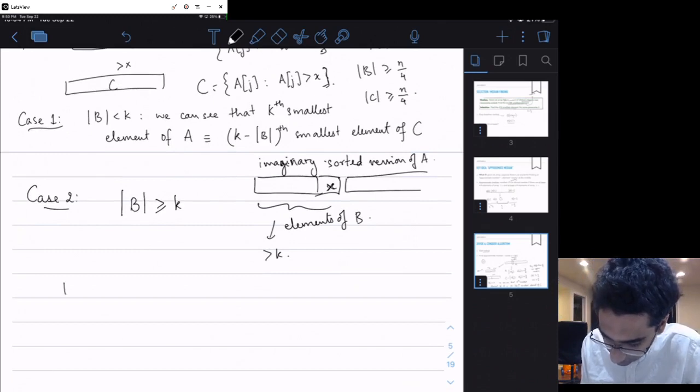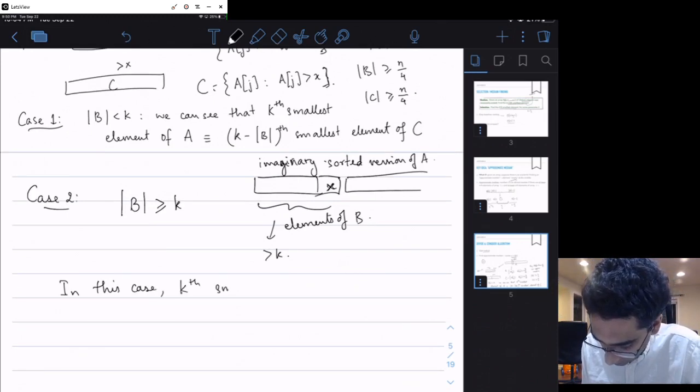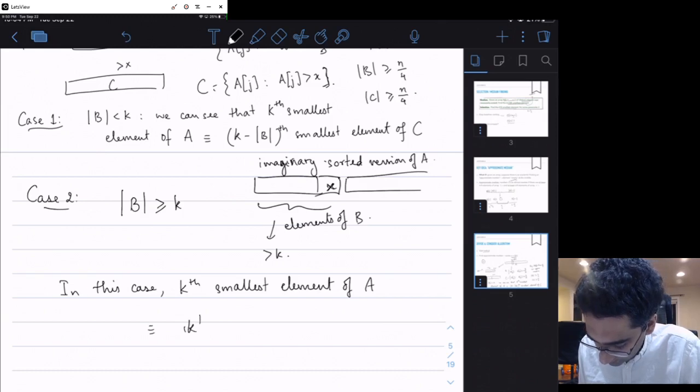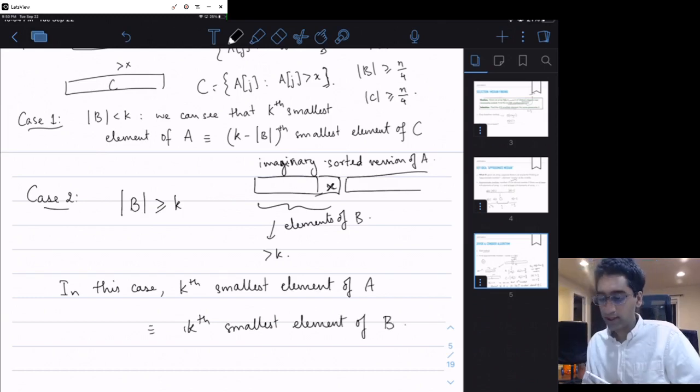So in this case, the kth smallest element of A is exactly equal to the kth smallest element of B. Okay.